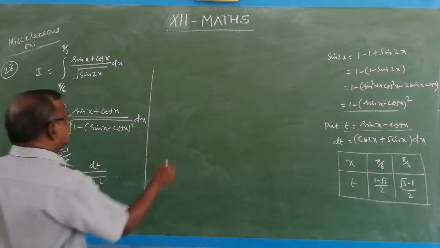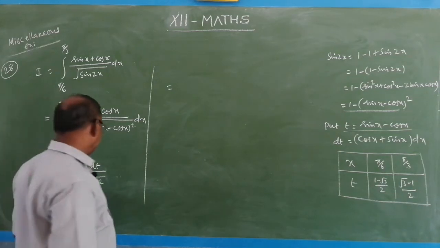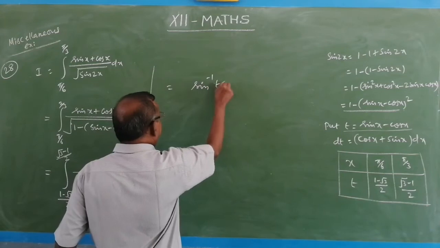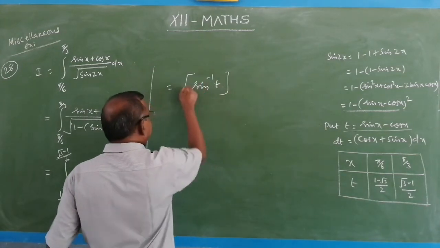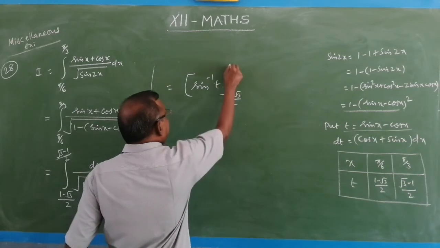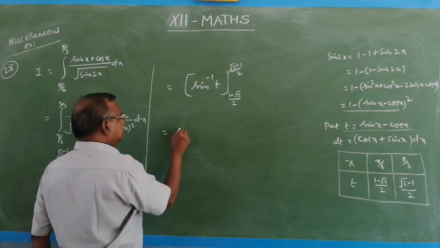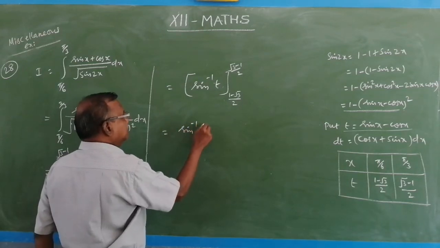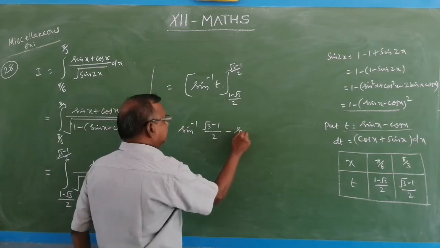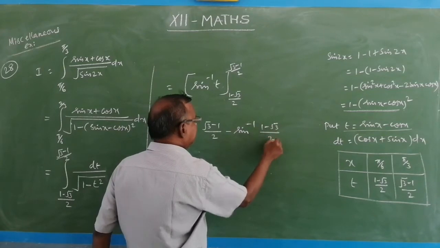So this is equal to, now the integral of 1 by root of 1 minus x square is sin inverse of x, accordingly it is sin inverse of t, and the limits are 1 minus root 3 by 2 to root 3 minus 1 by 2: sin inverse of (root 3 minus 1 by 2) minus sin inverse of (1 minus root 3 by 2).